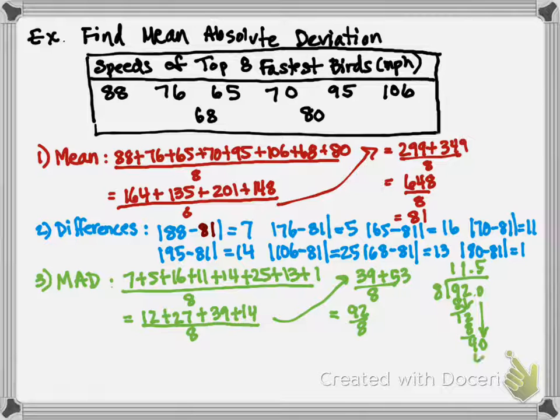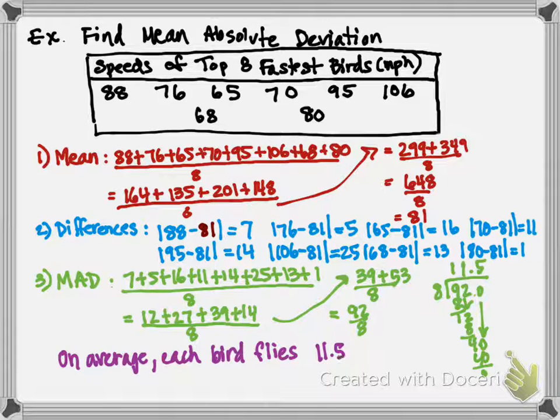So what we can say, in conclusion, let's see, what's a good conclusion color? Purple. On average, each bird flies 11.5 miles per hour from the mean.